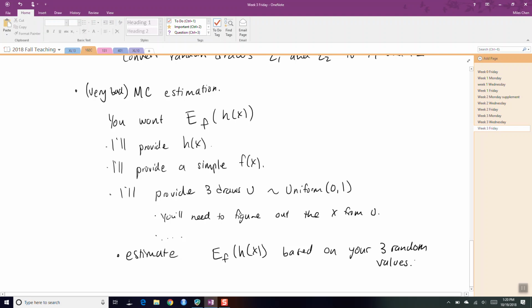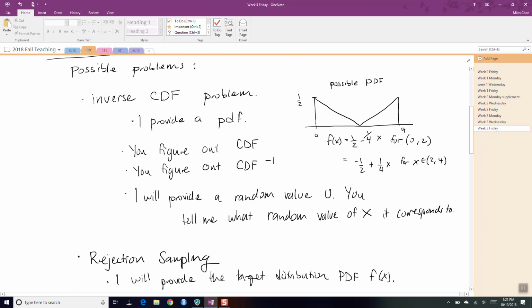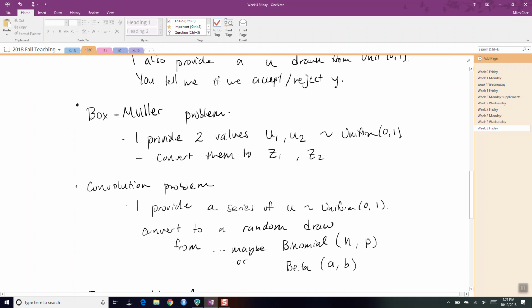So it's just a small scale version of Monte Carlo estimation, but on the computer you would ask for 10,000 values or 100,000 values. Obviously, because you're doing it by hand, I'm only going to give you like 3. And each of these random values u are probably going to be just out to the hundreds place, just to keep things simple.